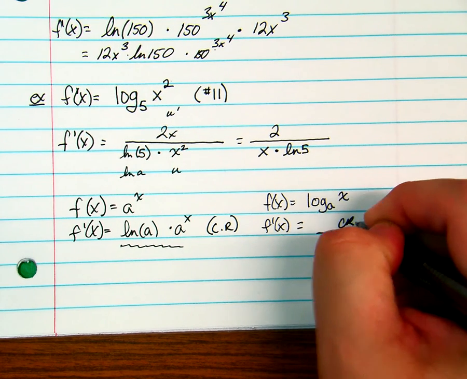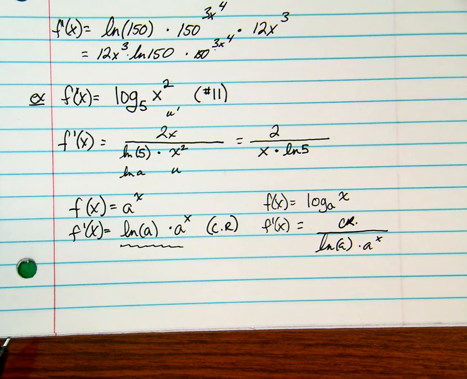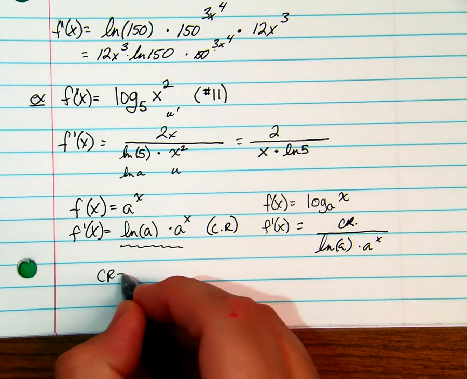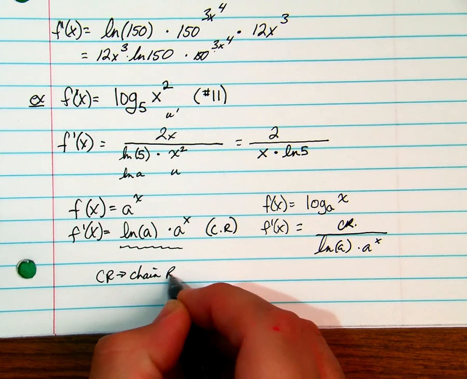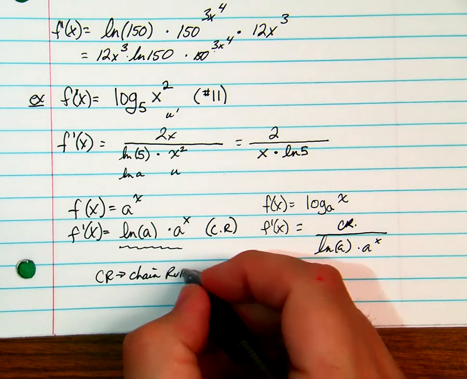What's CR? Chain rule. Oh. Yes. So you guys said you did log 5 x squared whatever, and then on the denominator you put x squared and you did 5. You only put the a.